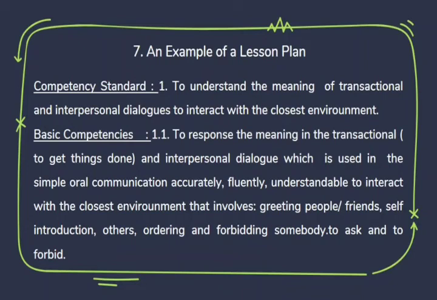And basic competencies like 1.1, to respond to the meaning in the transactional or to get things done, and interpersonal dialogue, which is used in simple communication accurately, fluently, understandably to interact with the close environment that involves, and others.